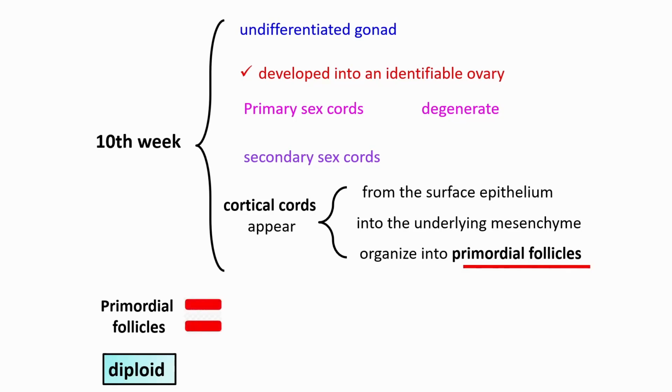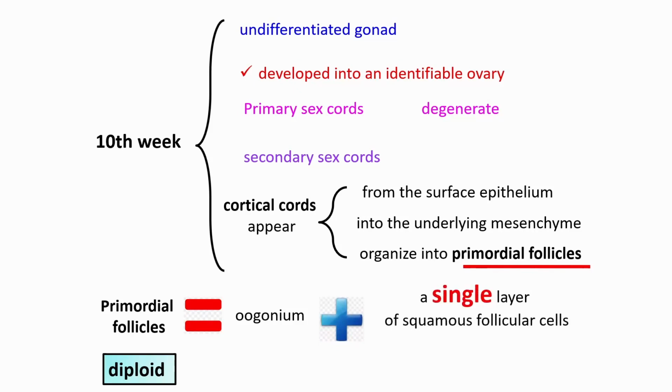These primordial follicles are made of an oogonium, the very early female sex cell, plus a single layer of squamous follicular cells.